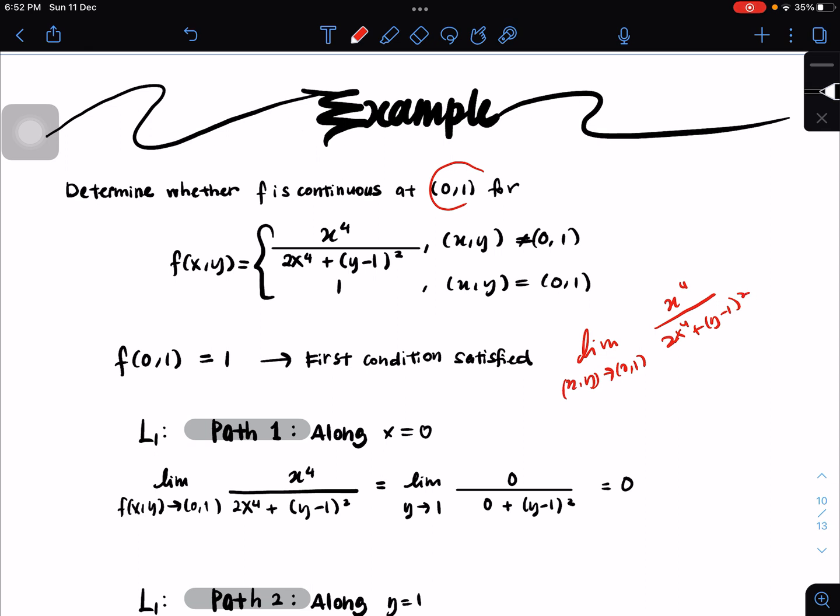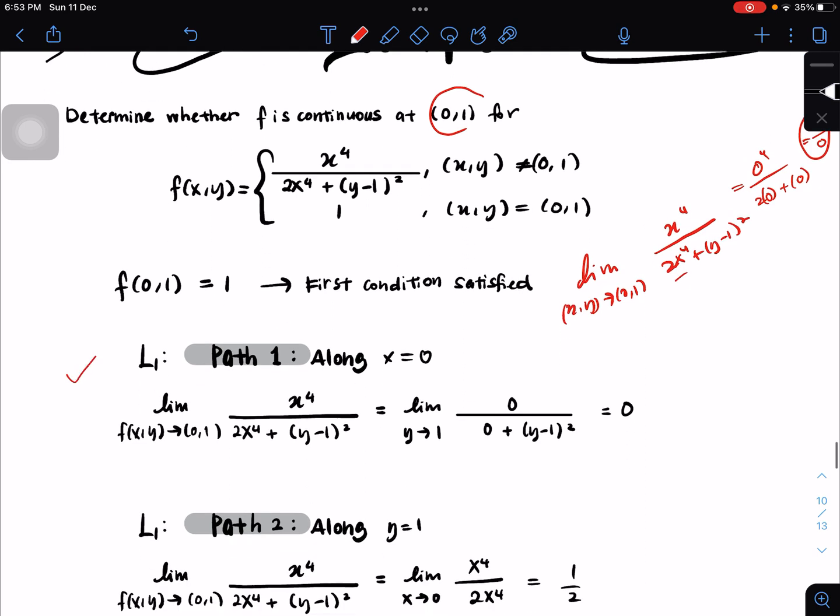So saya substitute dulu value x kosong, value y 1. So dekat sini saya dapat kosong kuasa 4 per dengan 2 darab kosong tambah kosong. Okay, 1 tolak 1 kosong, kosong kuasa 2 kosong, this one is kosong. So kita dapat kosong over kosong. So bila awak dapat kosong over kosong, this one is undetermined coefficient. So you need to move to path 1 and path 2 untuk cari limit.